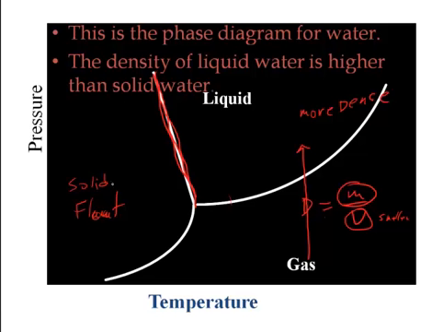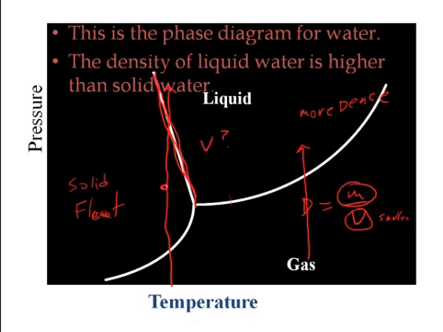Which makes sense to us because we know that gases are less dense than the liquid. Okay, now let's think about this. Let's say I've got this solid, right? And I'm right here at whatever this temperature happens to be, and I start jacking up the pressure. It goes up and up and up, and right here we get into that liquid phase, and then we get to this point. Now, as that pressure goes up, what's going to happen to the volume?